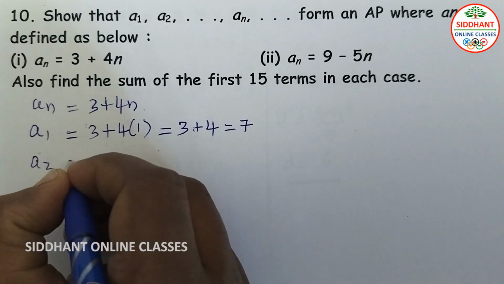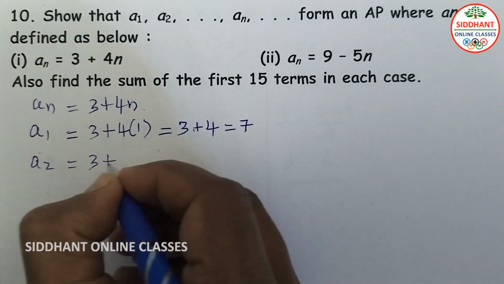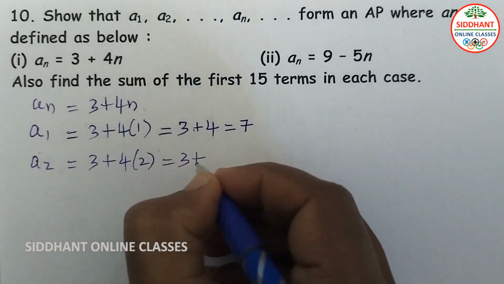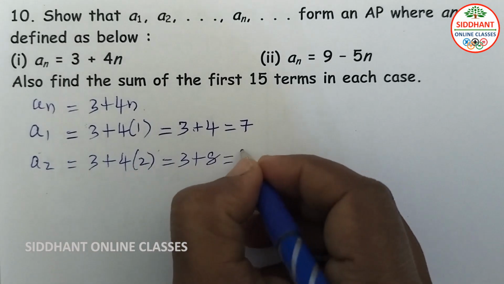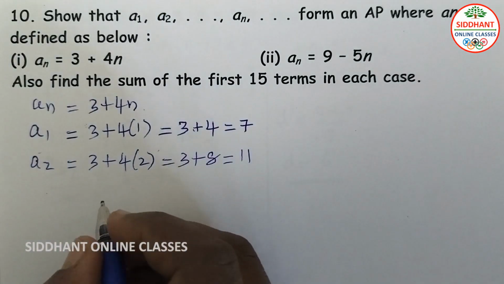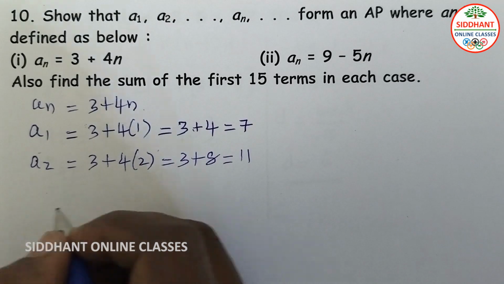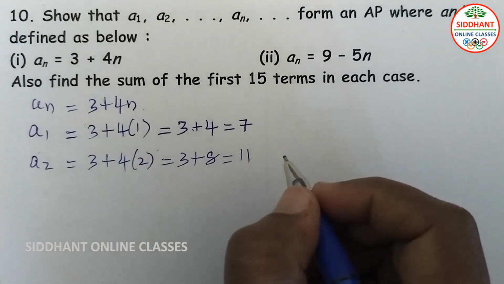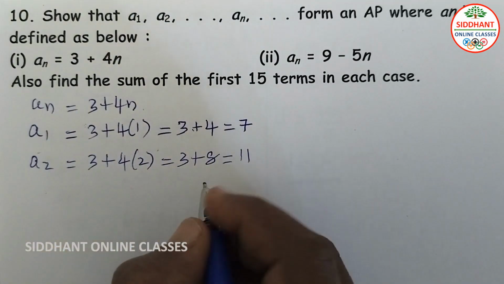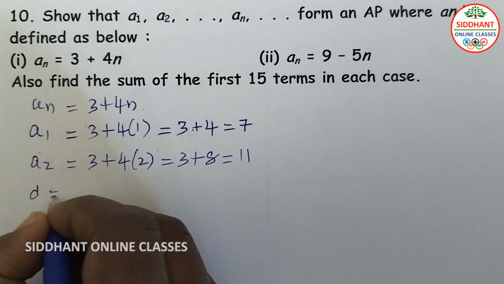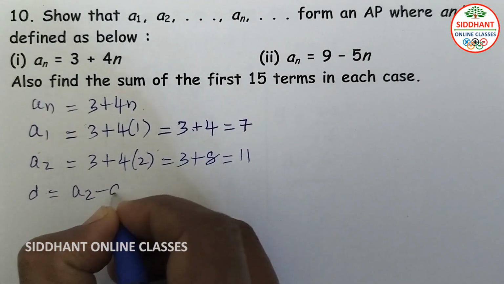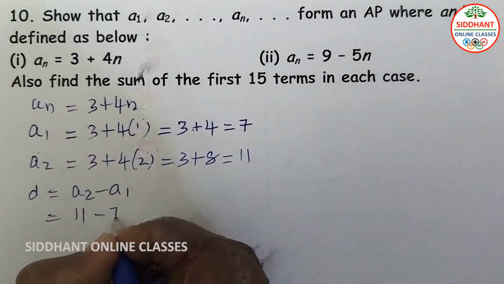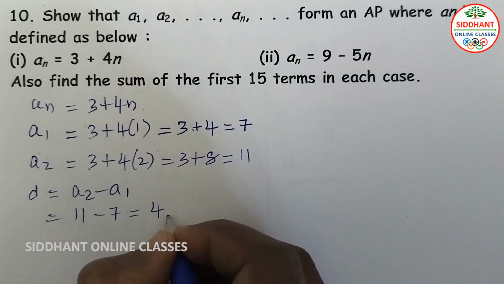Next a2 equals 3 plus 4 into 2, which is 8, that equals 11. In the same way we get a3, a4, all these. So we got a1, and we are going to find d. So d is equal to a2 minus a1, which is 11 minus 7, that equals 4.